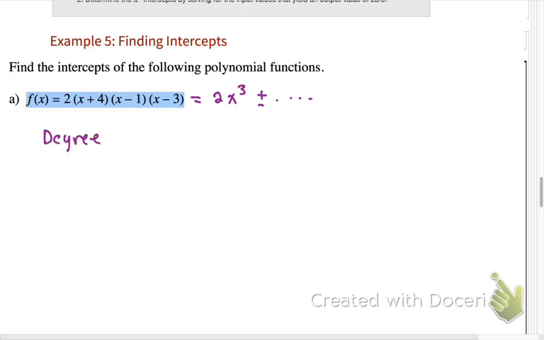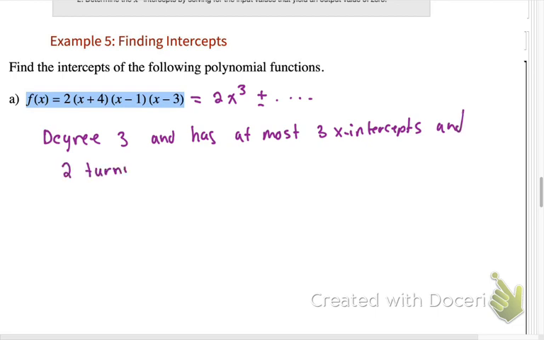So this function is degree 3 and has at most 3 x-intercepts, which we found in part A as -4, 1, and 3, and one less turning point. Okay, it's not guaranteed to have 3 x-intercepts and 2 turning points, but that's at most what a polynomial function of degree 3 has.